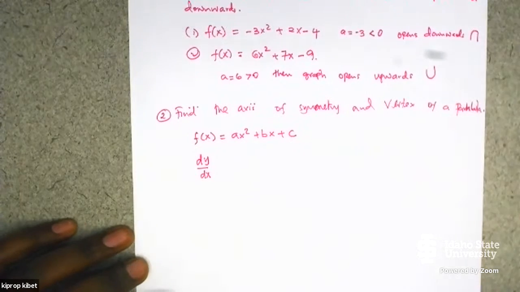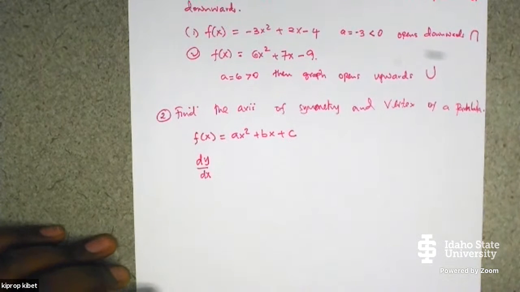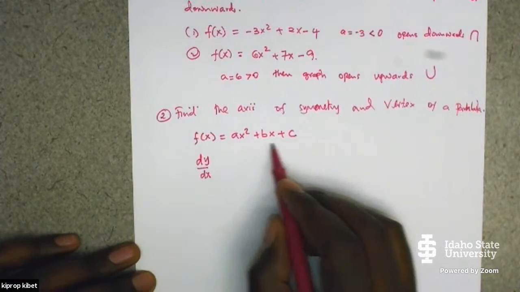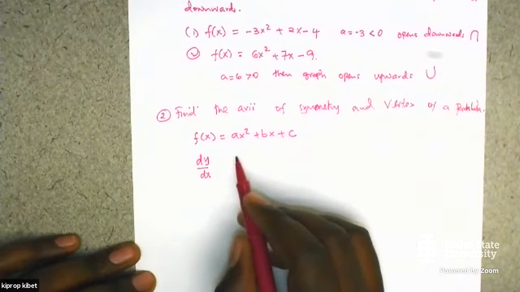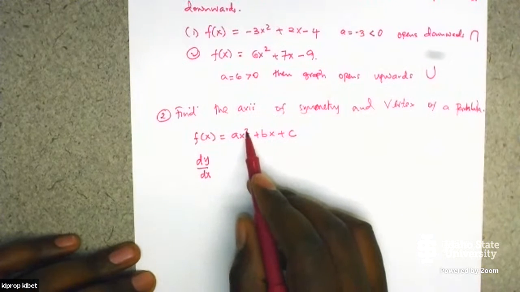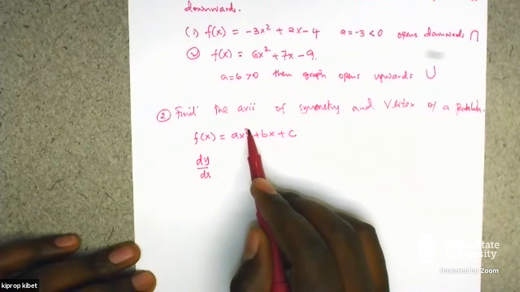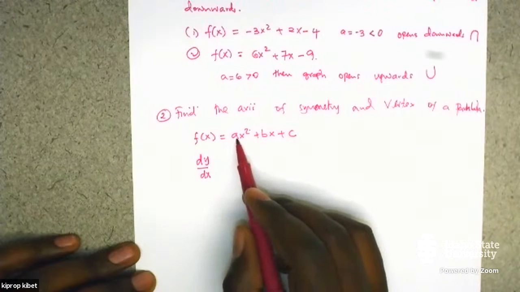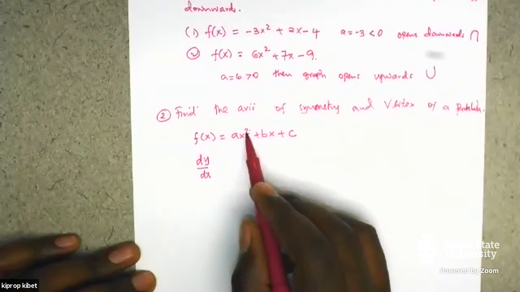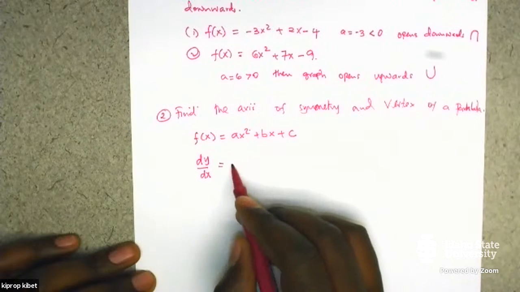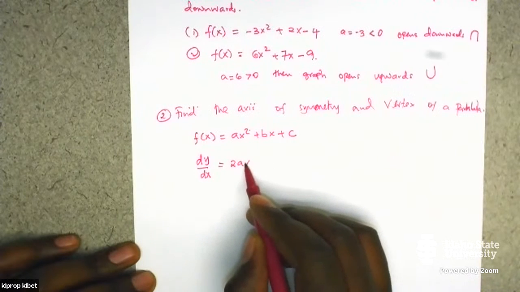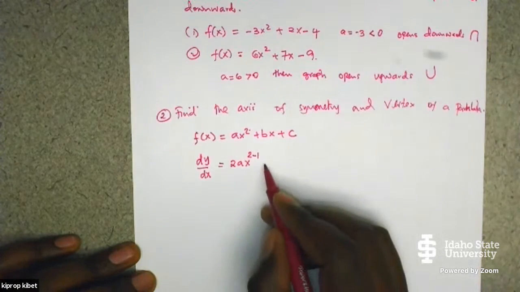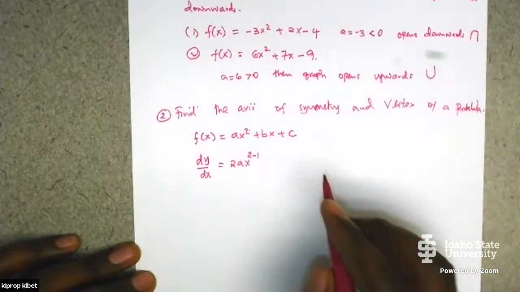So change in y all over change in x. Here we are differentiating with respect to x. When you are differentiating with respect to x, where there is the power of x, you subtract 1, and then you multiply by that power of x. In this case, the power of x is 2. So we bring down 2, which gives 2ax, and we subtract 1 from the power.